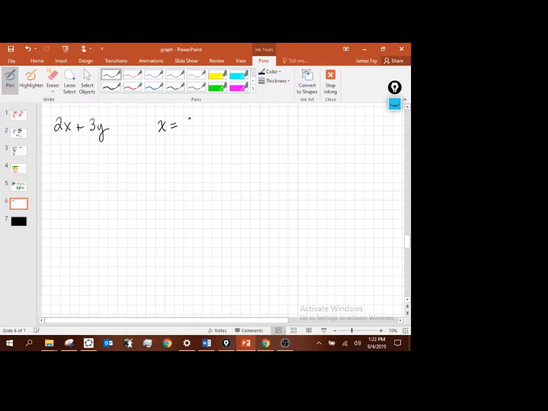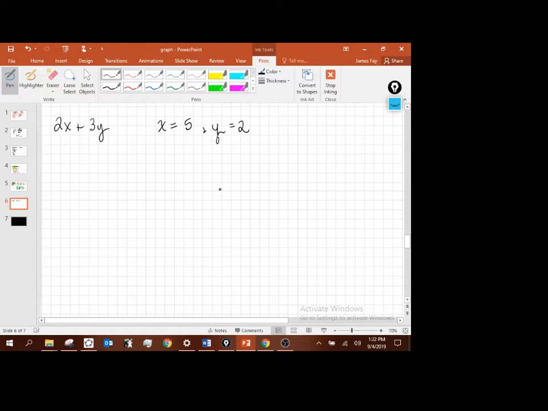So I think I said x is 5, and I want you to say y is 2. X is 5, y is 2. So those are the given values. Everywhere you see an x, you're going to replace it with 5. Everywhere you see a y, you're going to replace it with 2, and nothing else changes.